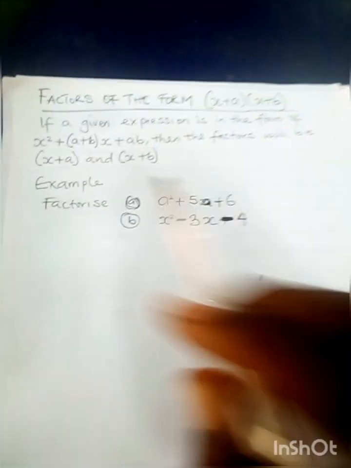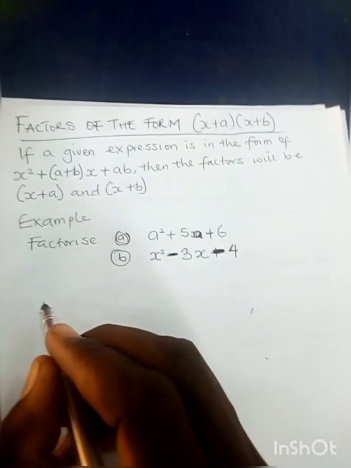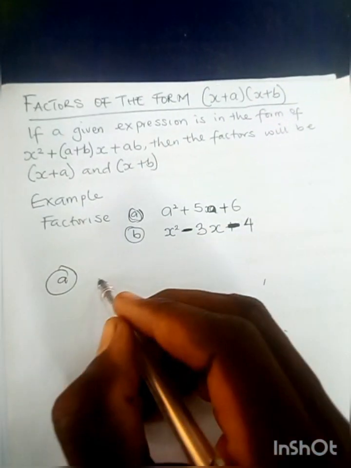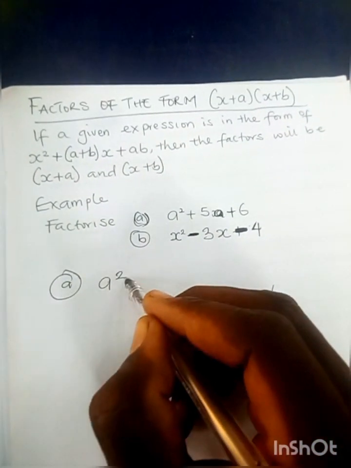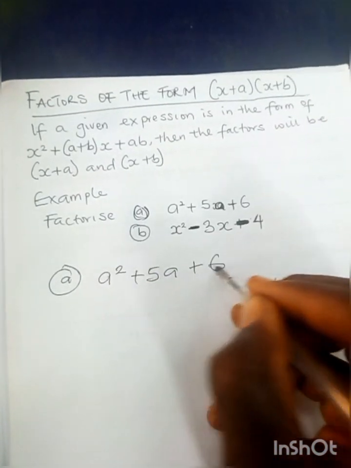We'll get that just now. So let's factorize this one. The question says factorize a squared plus 5a plus 6.